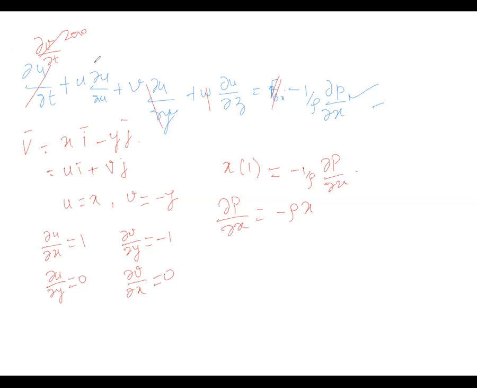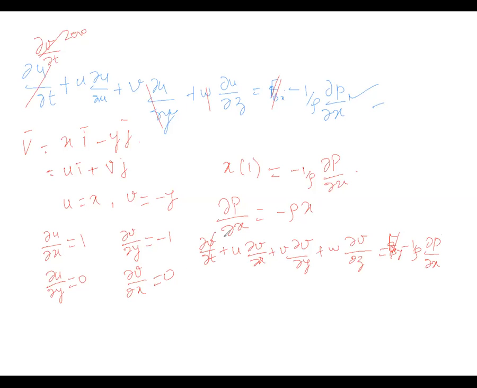Then here you have ∂v/∂x. So ∂v/∂t plus u ∂v/∂x plus v ∂v/∂y plus w ∂v/∂z is equal to the body forces in the y direction, that's also 0, minus 1 by rho ∂p/∂y.